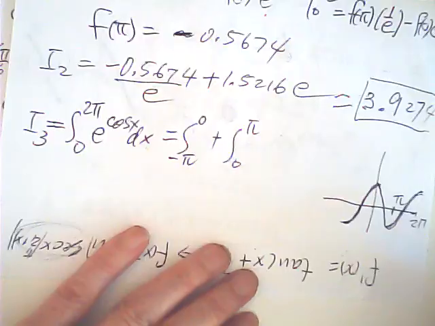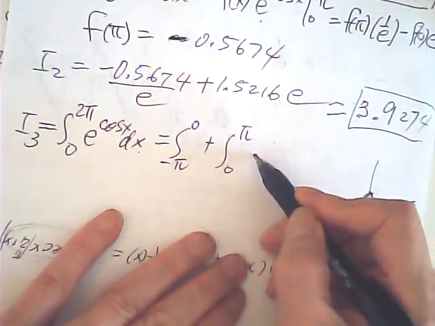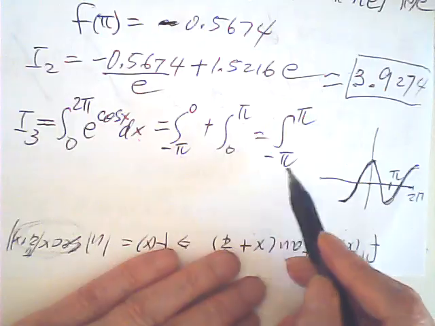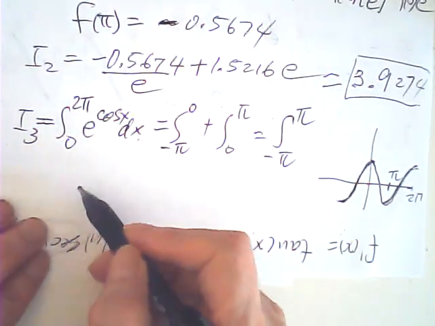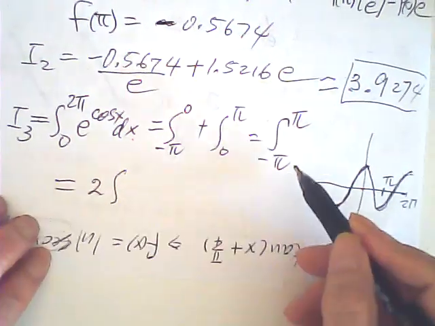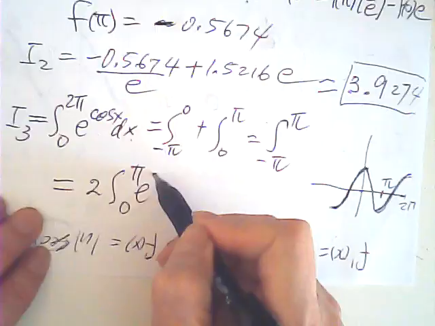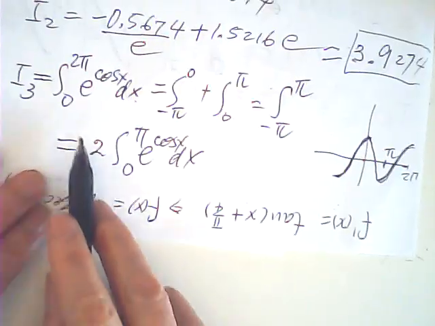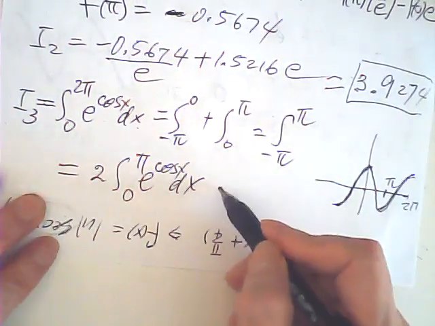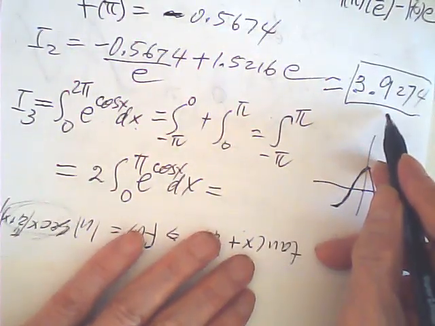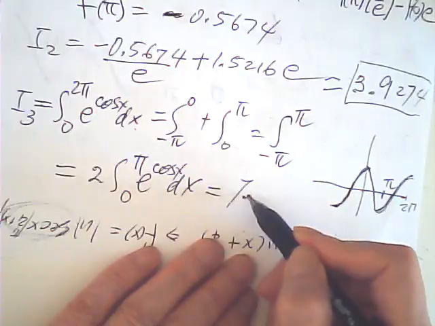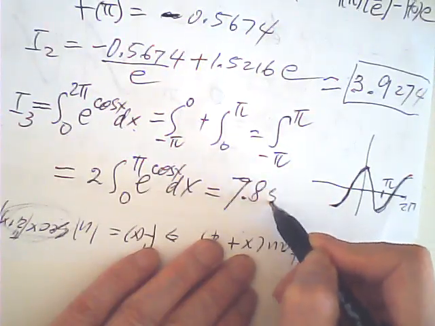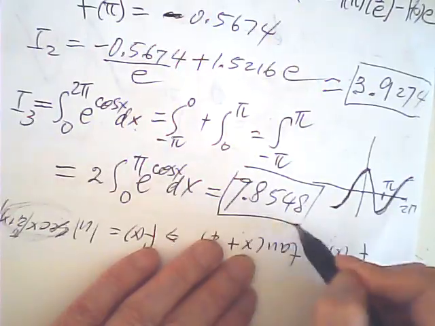Since this function is an even function, we just double the integral from 0 to pi of e to the cosine x dx. So we just double this value, which is equal to 7.8548. So this is my I3.